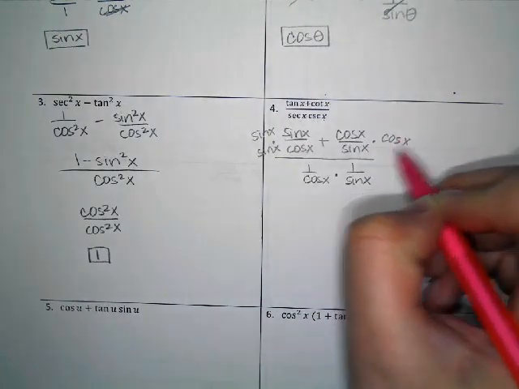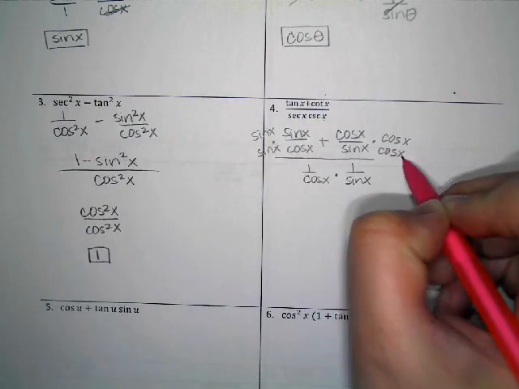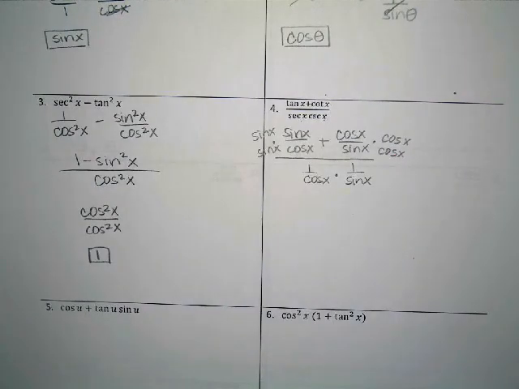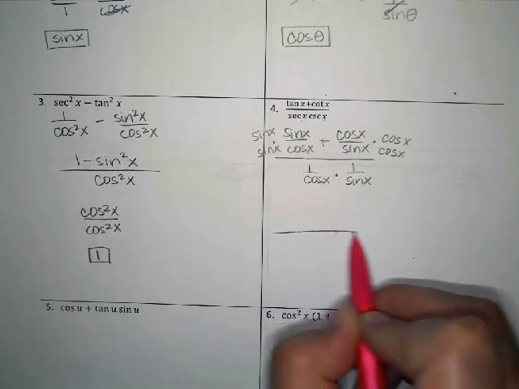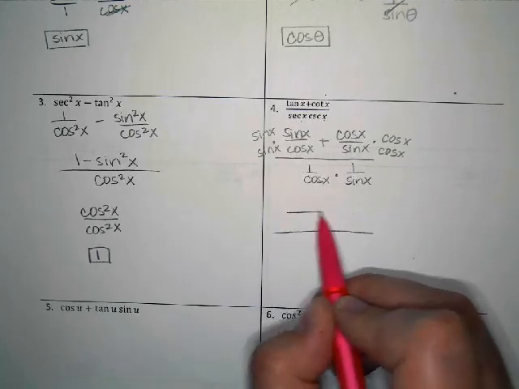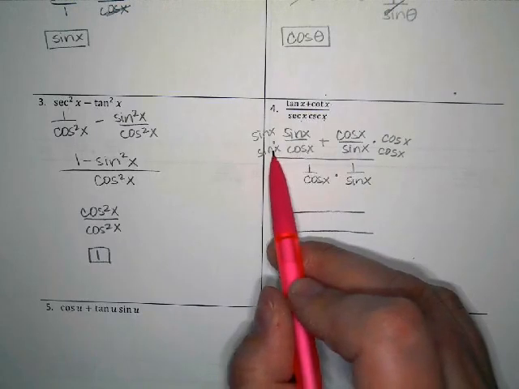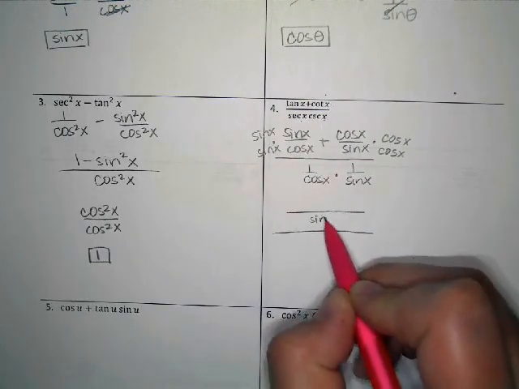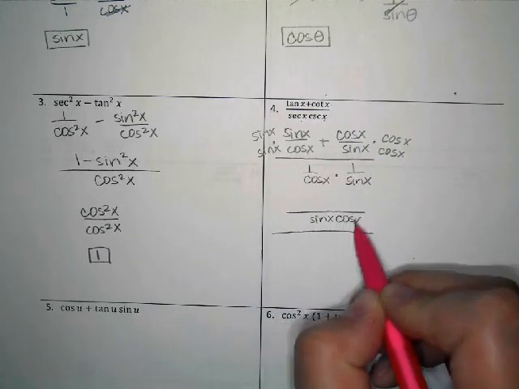Okay, so the top of our fraction has sine x cos x for a denominator. And then what do we have up here? Okay, so sine squared plus cos squared.